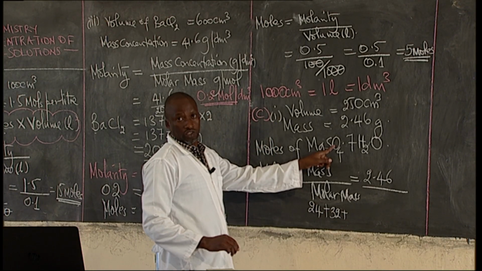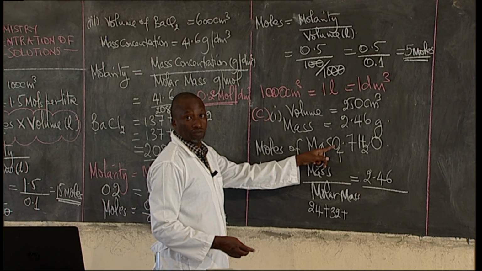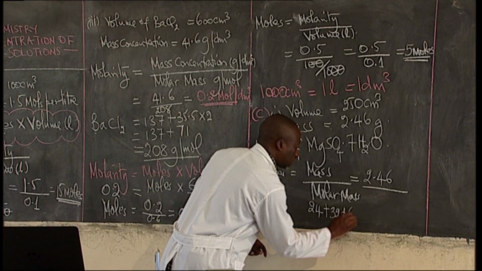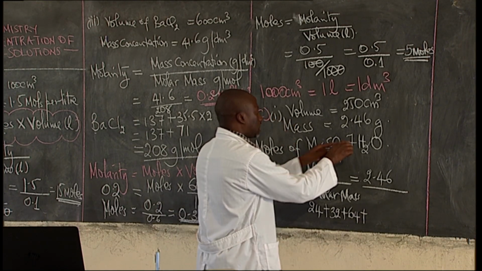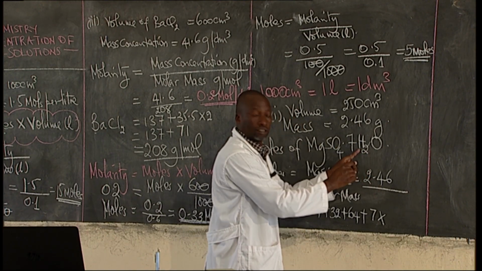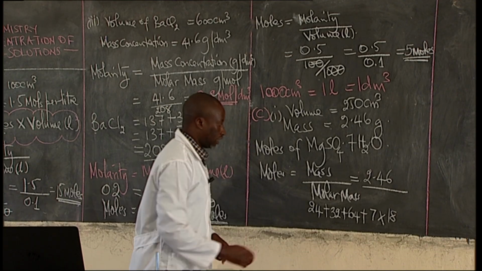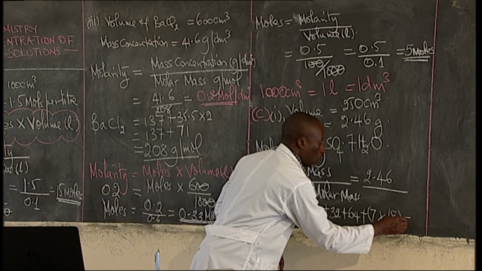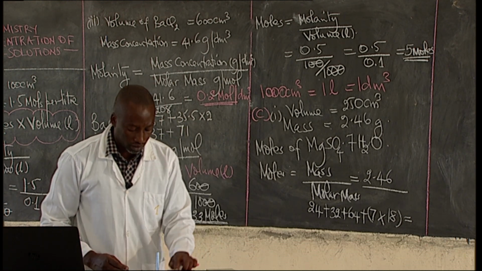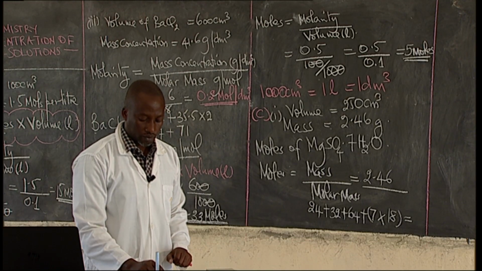You'll add oxygen, which is 16 times 4. 16 times 4 gives us how much? It gives us 64. Plus, now this is 7 times 18, the whole of water is 18. 7 times 18. So we add. What do we get? Your calculator, once again, is needed to compute that.